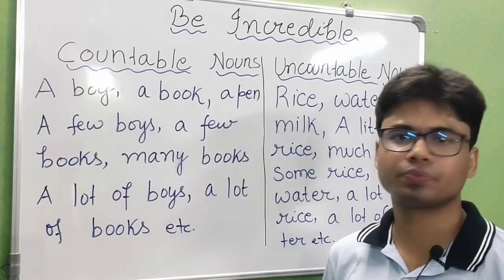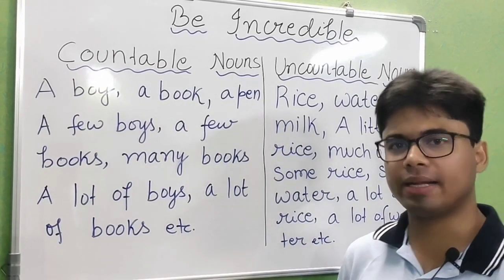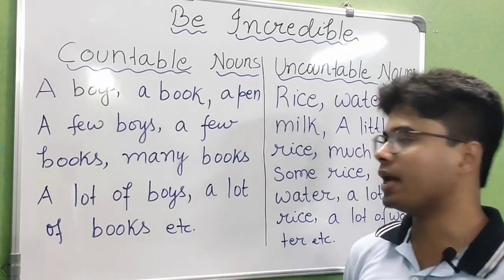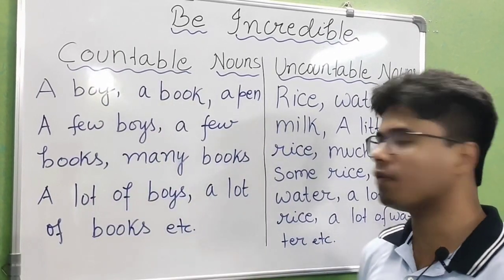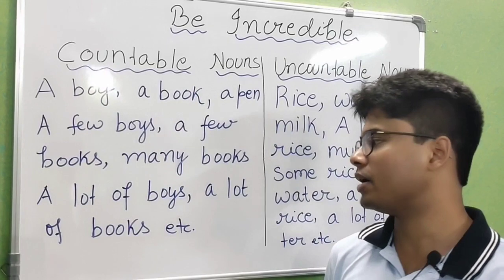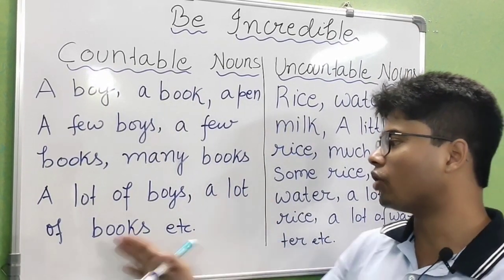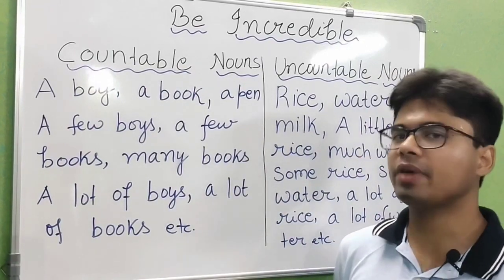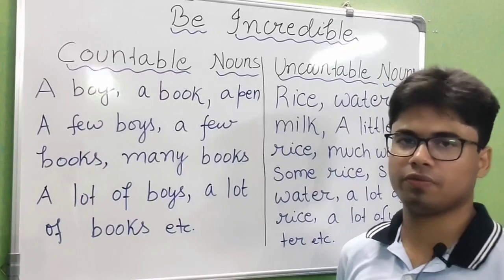Then a few books, 5, 6, 7, 8, 9, 10 books, and then many books you can again count up. Then a lot of boys. Here also you can count again, a lot of books, etc. So here we are getting a new word, that is a lot of.